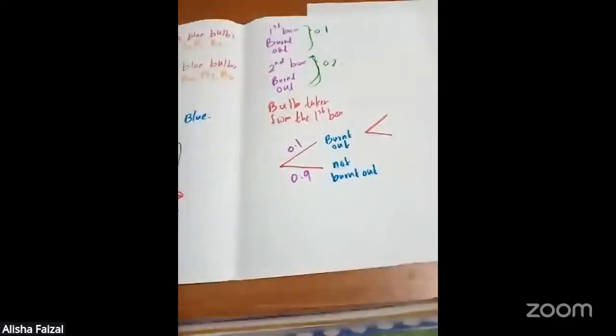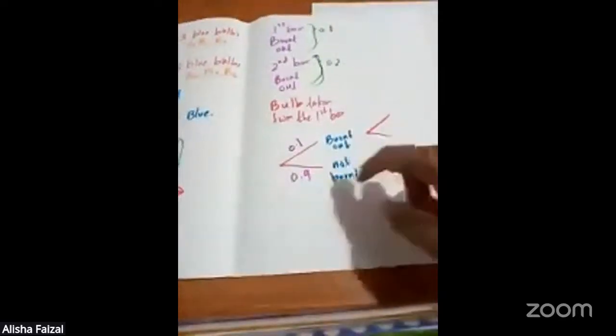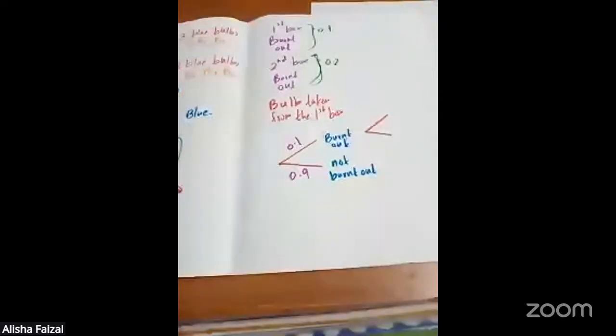Here, the student examines the bulb taken from the first box, and only if it is burnt out does he examine the bulb taken from the second box. If it's burnt out, he's going to examine from the second box. If it's not burnt out, will he examine from the second box? No. So should there be a tree here? No, because the question says so.